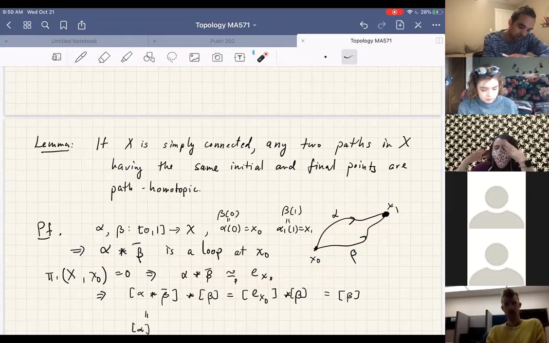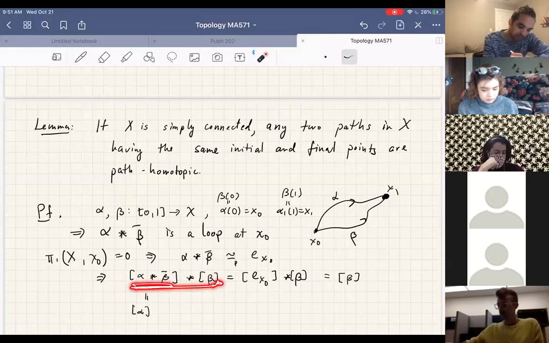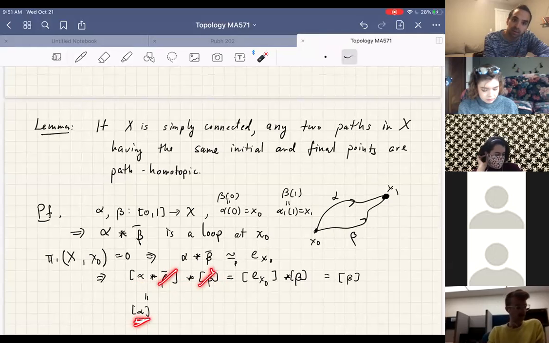So that means that if I do this loop followed by beta, well, that's the same as just doing alpha because beta and beta inverse cancel, right? But on the other hand, this is the same as doing the constant loop at x0, by simple connectivity, followed by beta.